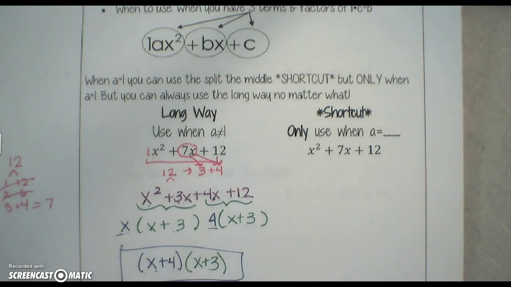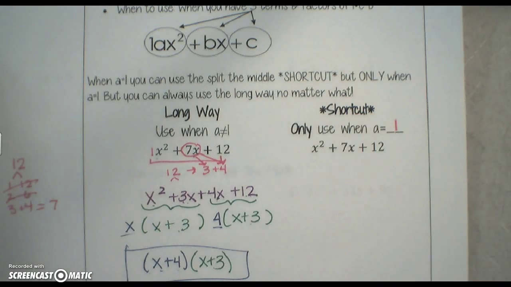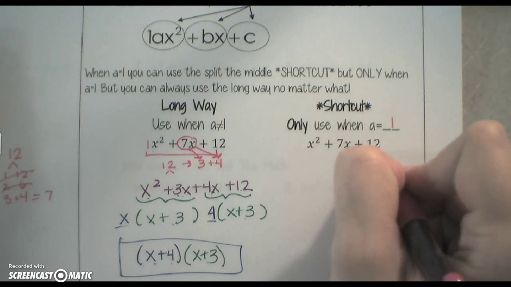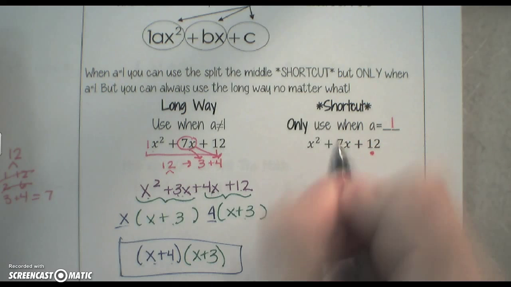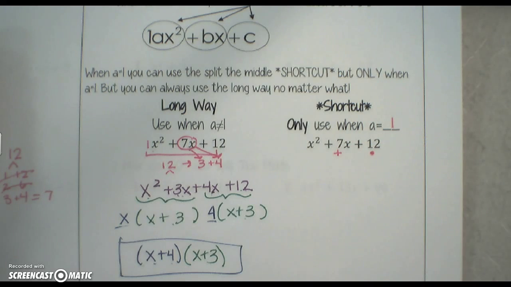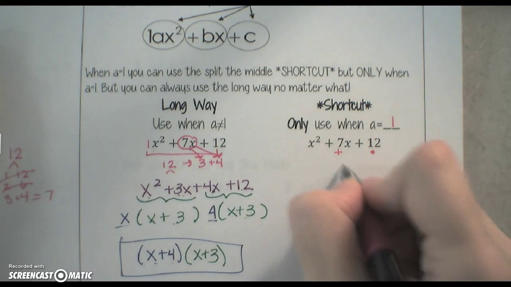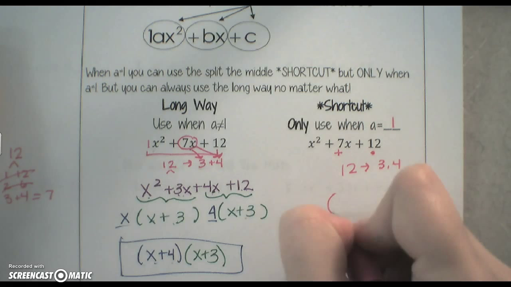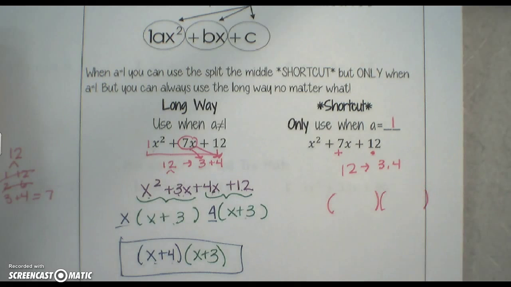All right, now let's learn the shortcut method. Much easier and much shorter, if you can imagine. So only when a is 1. What we're going to do is come up with the factors that multiply to get 12 but add to get 7. Just like we did over here, we already know them, and it's 3 and 4. So since the factors of 12 are 3 and 4, we can go ahead and make 2 sets of parentheses.